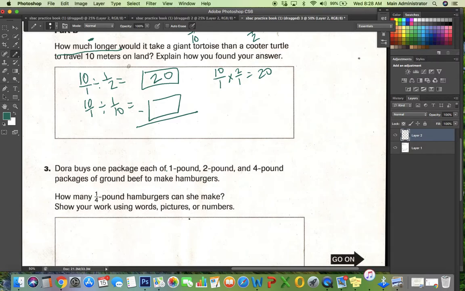And then the next number, keep, change, flip, that would be 100. And I got this wrong. I have to change these two, so it's 100 minus 20. It would take 80 seconds longer. 80 seconds longer.